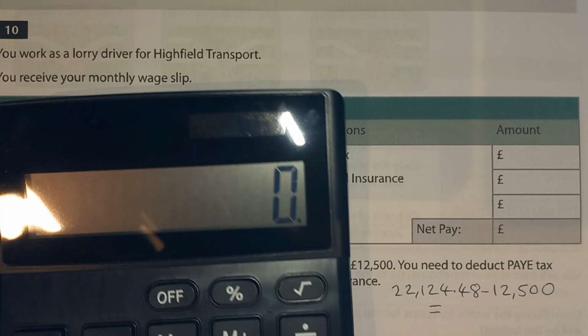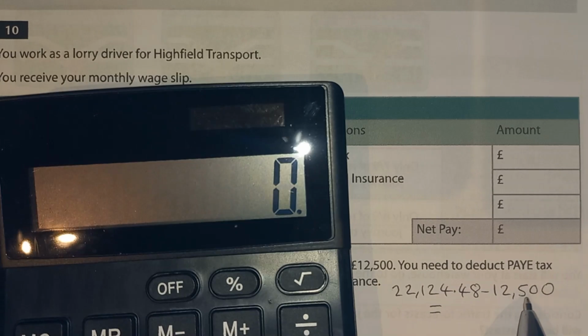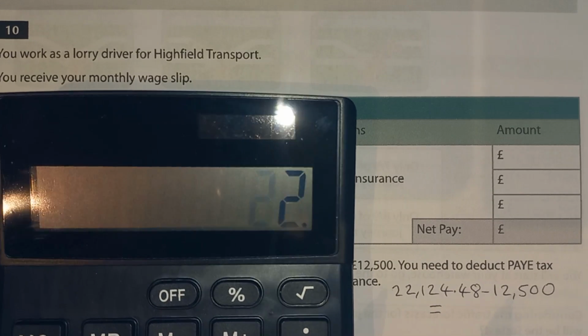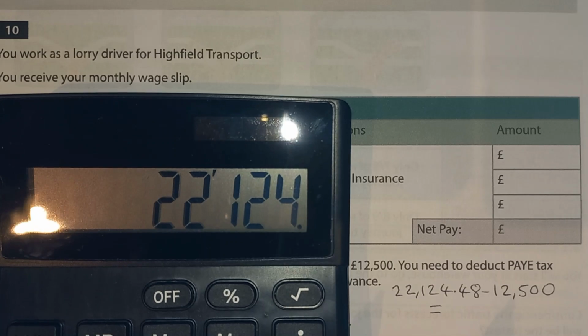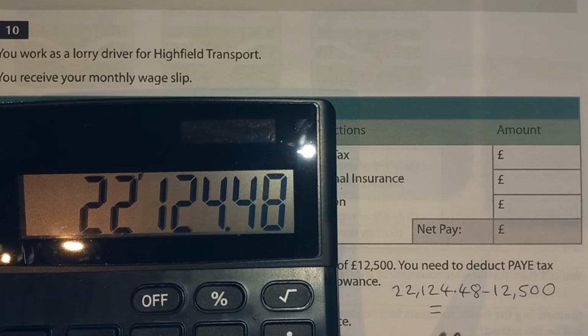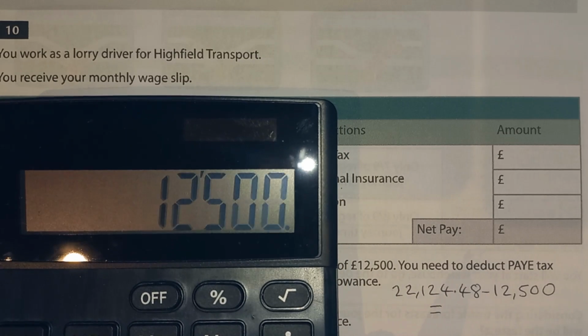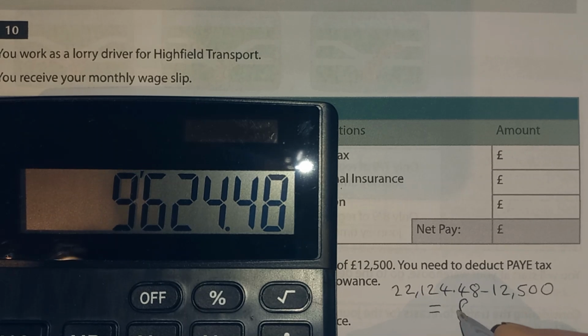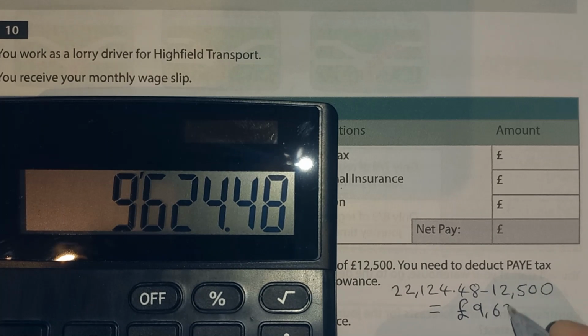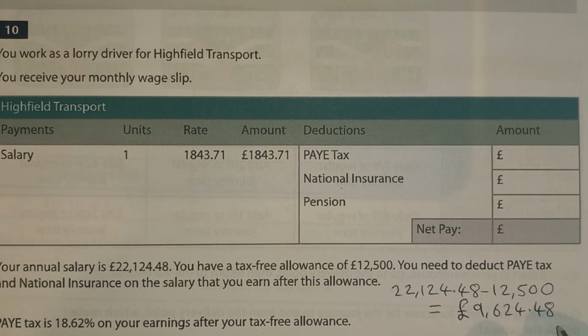So you can earn this money and not pay any tax at all. So we do 22,124.48, take off the 12,500, and we get £9,624.48. Now that's for the whole year.